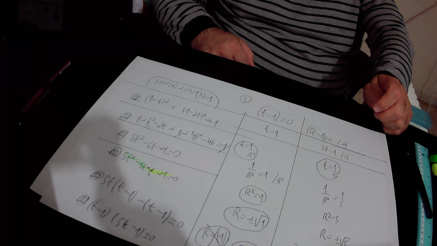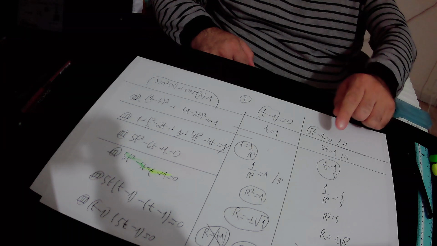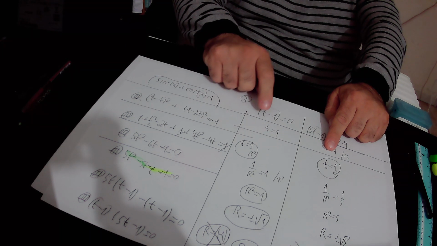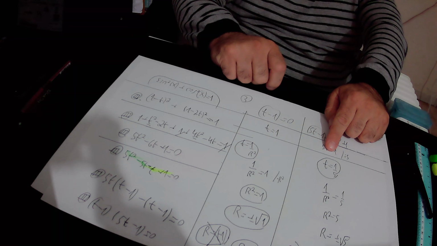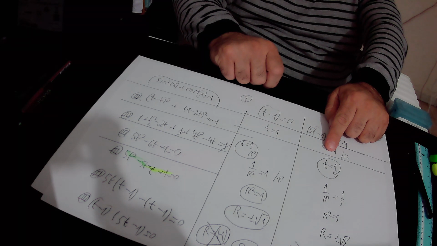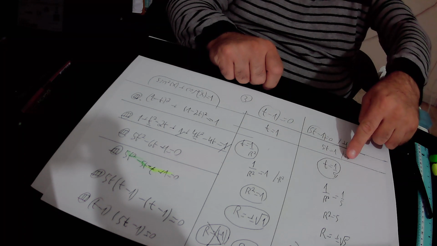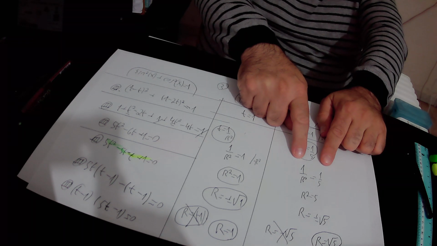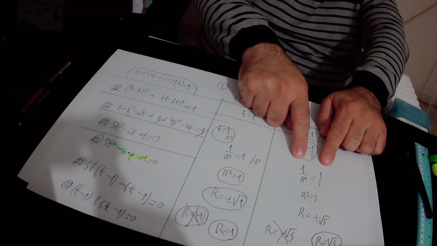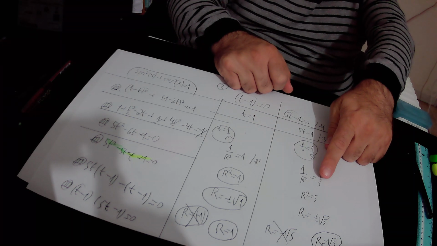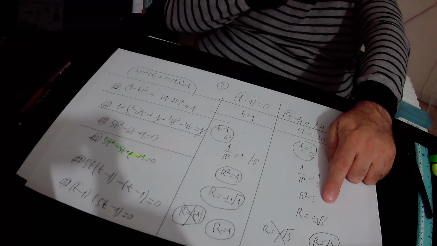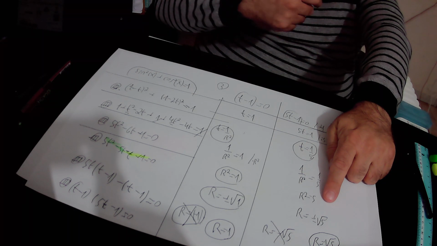And here, according to our definition, t equals 1 over r squared, so we substitute t by 1 over r squared and found out that 1 over r squared is equal to 1/5. Then we multiplied this equation and found out that r squared equals 5. We took a root from this equation and found out that r equals plus or minus square root of 5. r cannot be equal to the negative square root of 5.